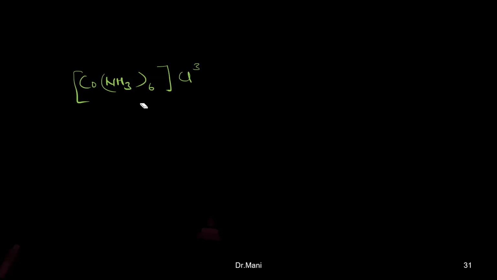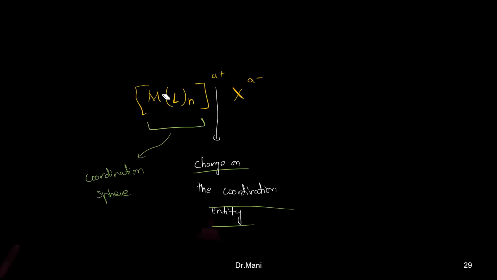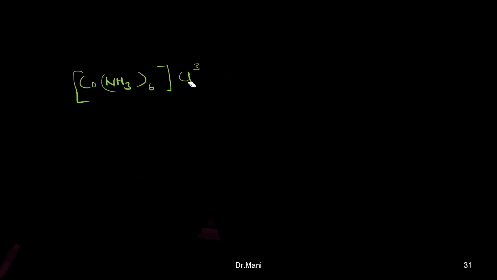So tell me. So the whole thing, sir. This entire thing, see here what I said, the central atom, ligands attached to it, enclosed in the square bracket only comes under the coordination sphere. That means only this part. Why are you taking this one, X a minus? That means Cl minus 3, it will not come in the coordination sphere.